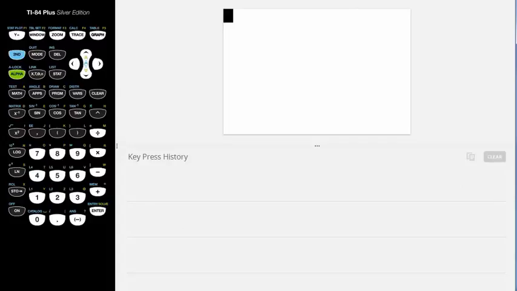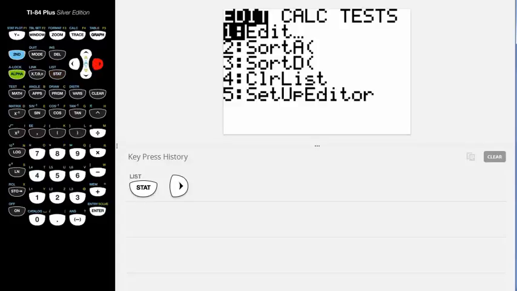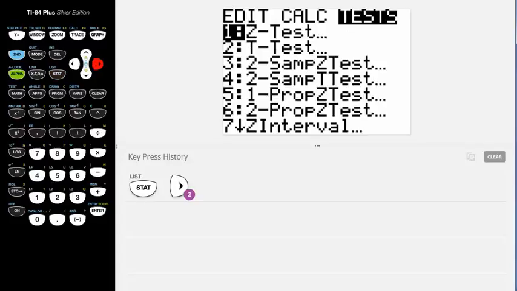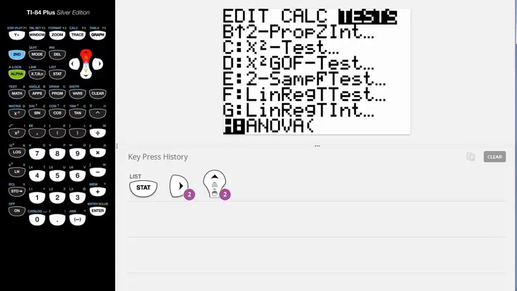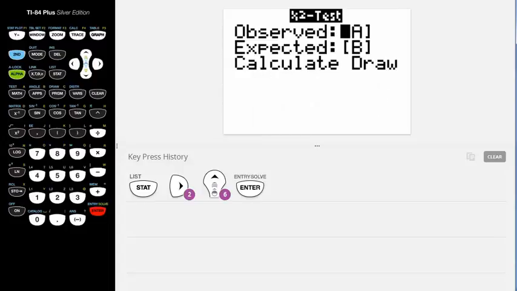Now I want to find chi-squared. Stat, over to tests, and I want the chi-squared test. Enter. Now I have observed with matrix A, expected matrix B, which is what I want.